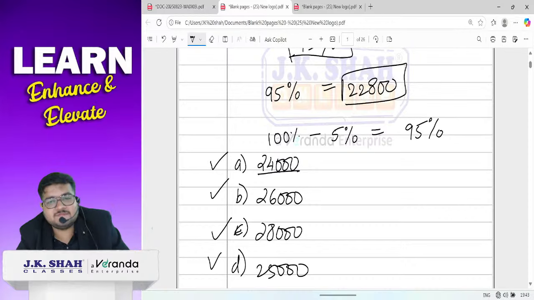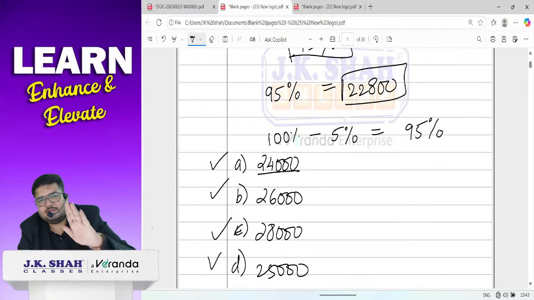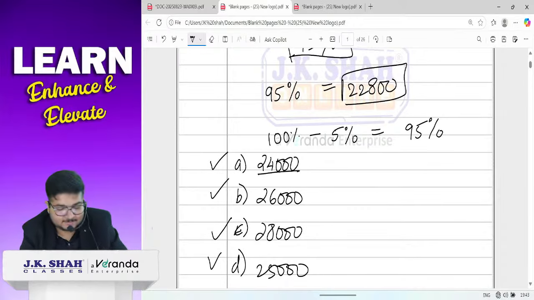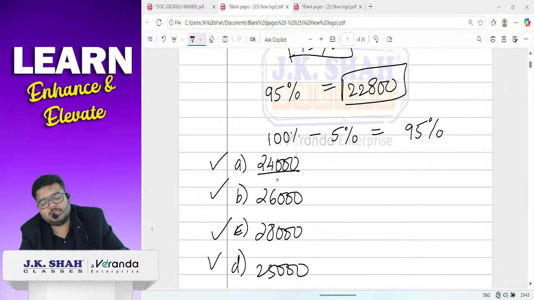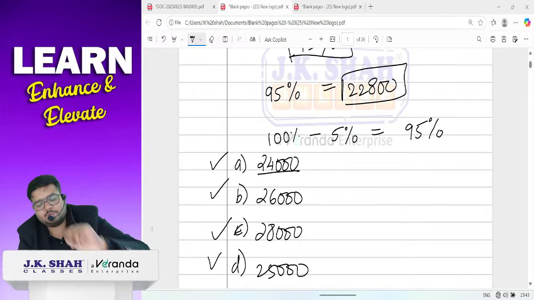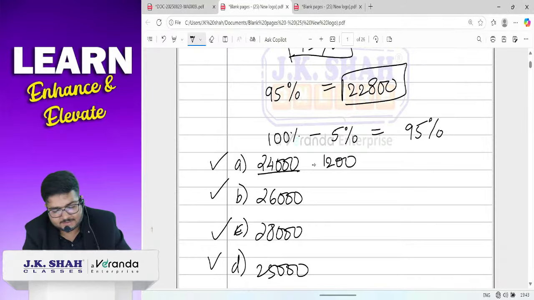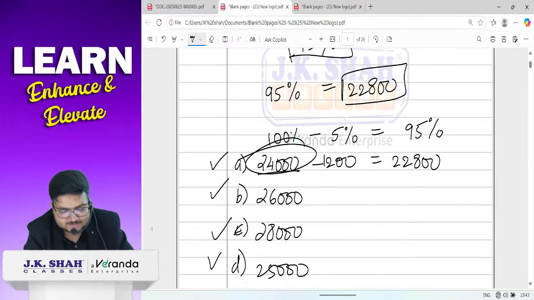It is 1200. How will you calculate 5%? 10% and then half of it. What is 10% of 24,000? It is 2,400. Half of 2,400 is 1200. Subtract it from 24,000 and you will get 22,800. That means this is your answer.